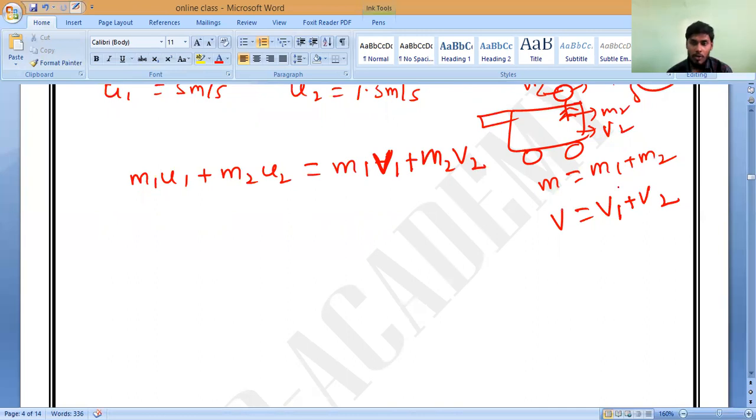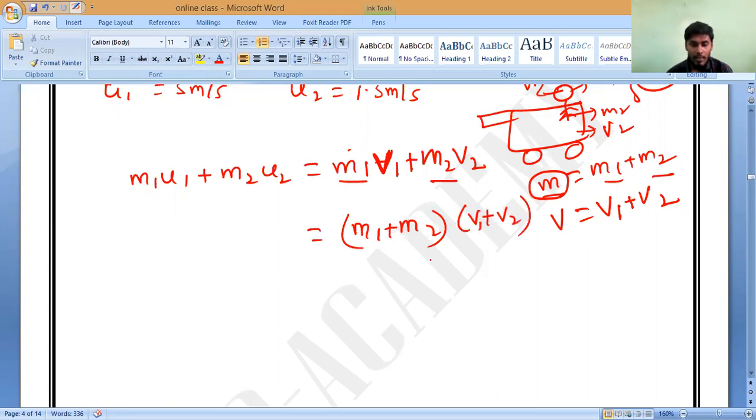Now, from the question, in place of M I can write M1 plus M2, and in place of V, V1 plus V2. Correct or not? So together I am adding.